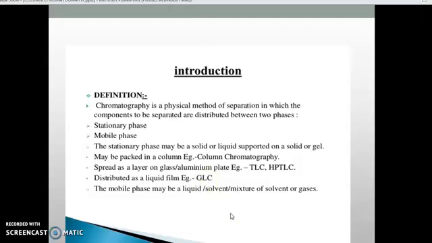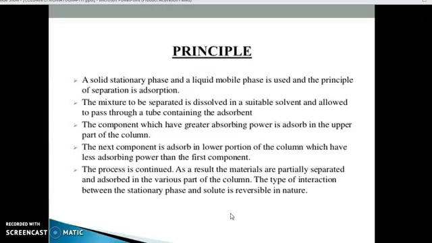So the mobile phase may be liquid, gas or a mixture of these.